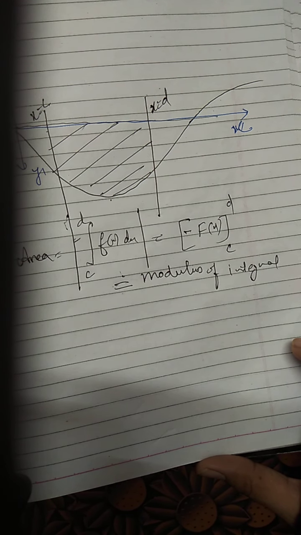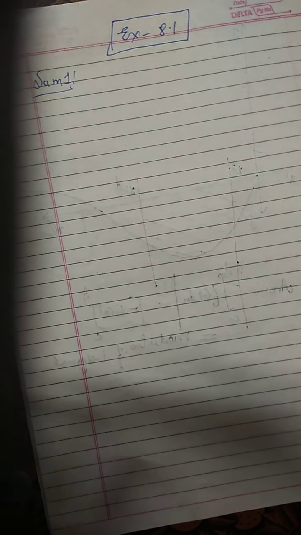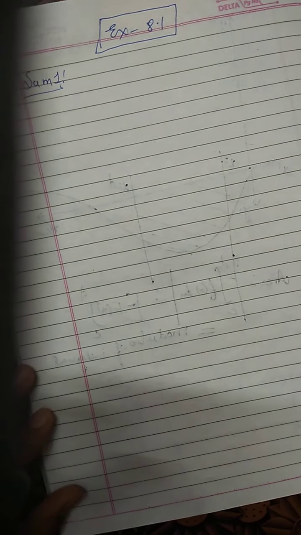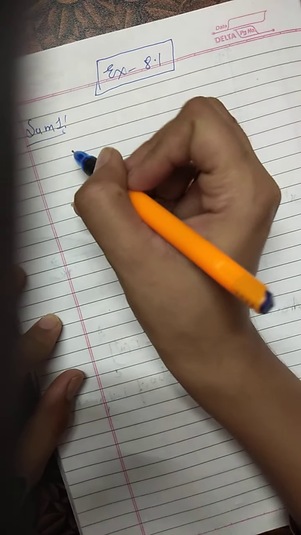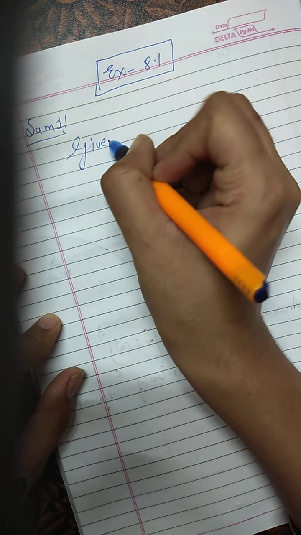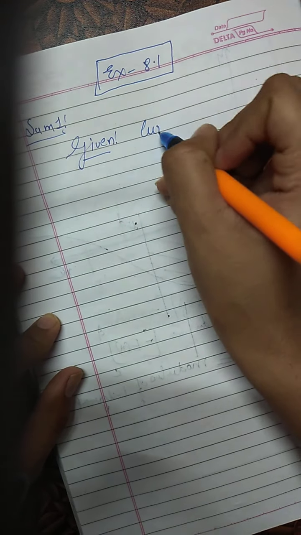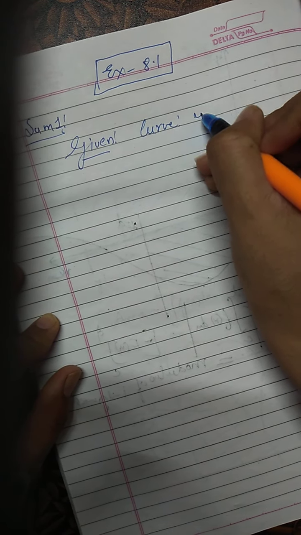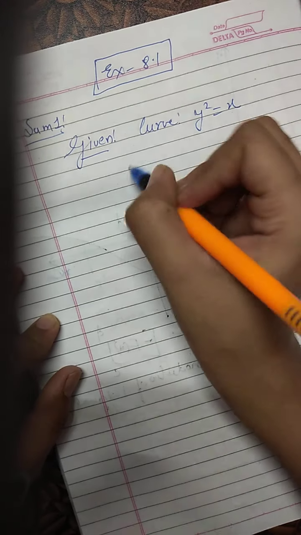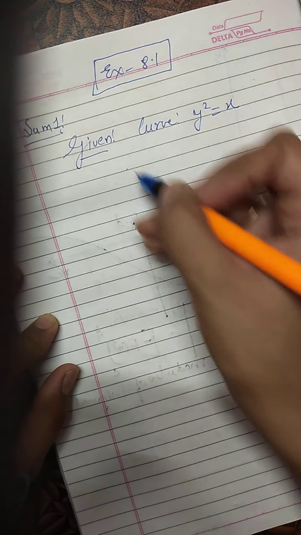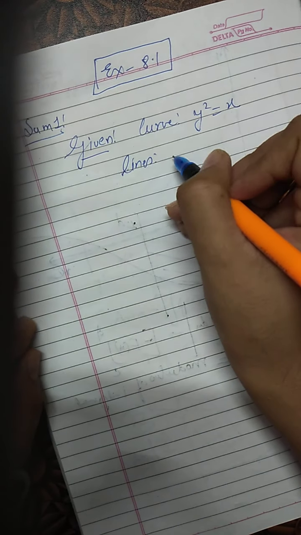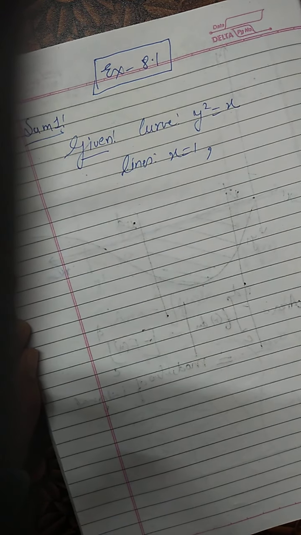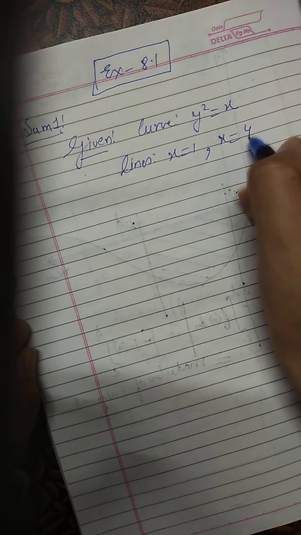Let us discuss sum number 1, exercise 8.1, and the statement is we have to find the area of the region bounded by the curve y square equals x. So here we will write down what is given. The given curve is y square equals x, and the lines given are the line x equals 1 and the line x equals 4.